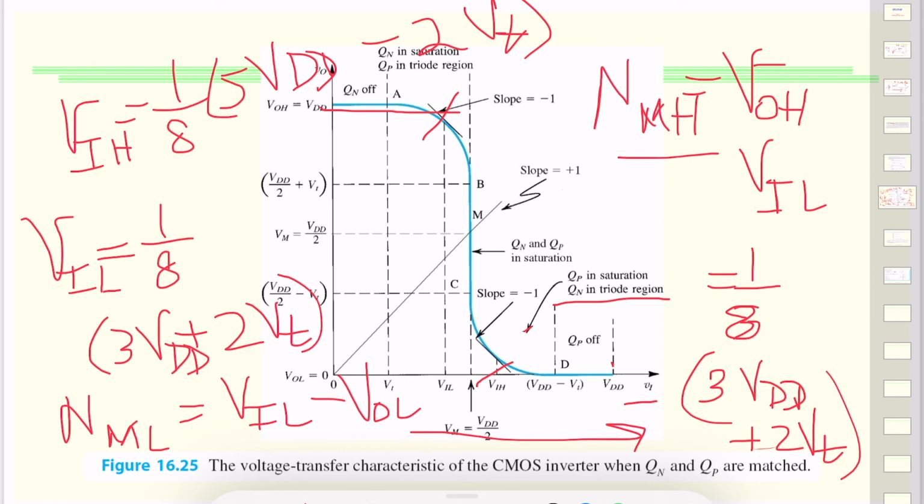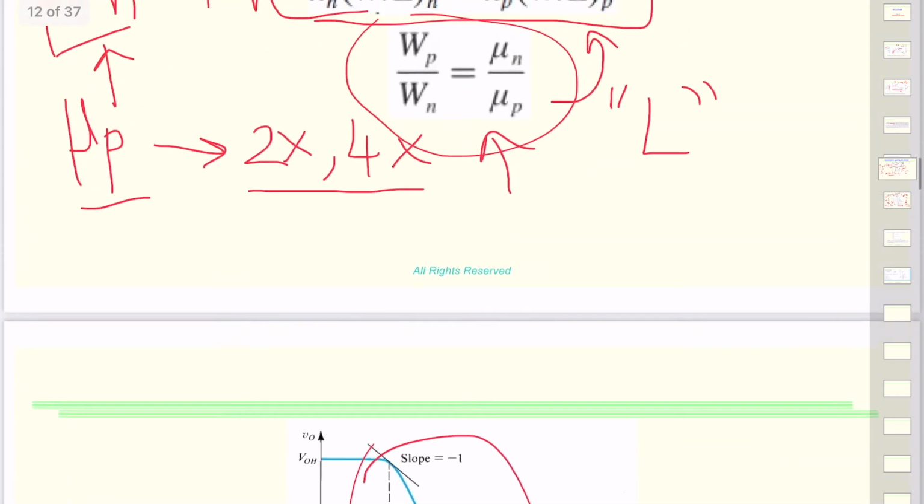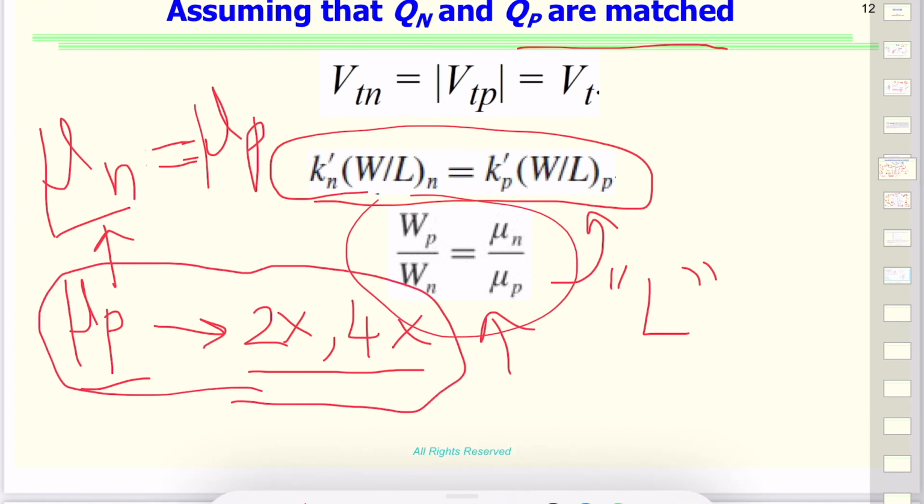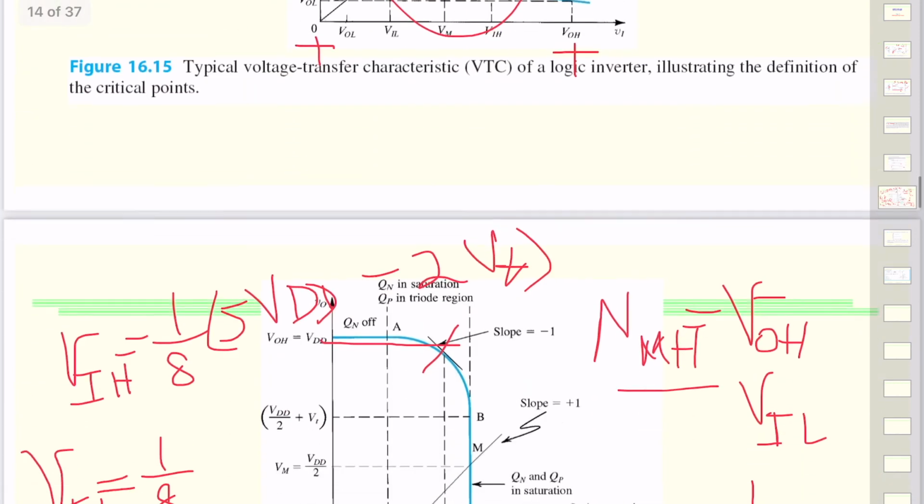But as I said before, this is not always easy, because if we make our PMOS too large, we are wasting lots of space on our chip. It's not just that we don't have too much real estate on our chip, but a bigger device would cause more capacitive interference. So it's not always the case that we can match them.